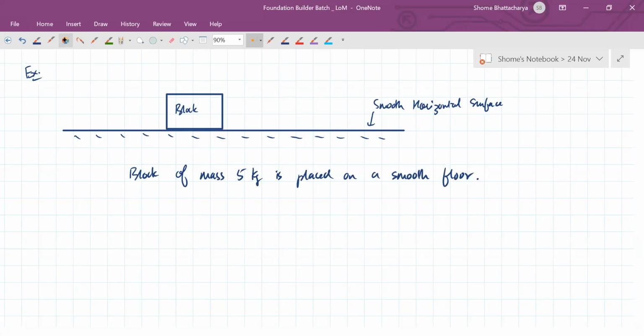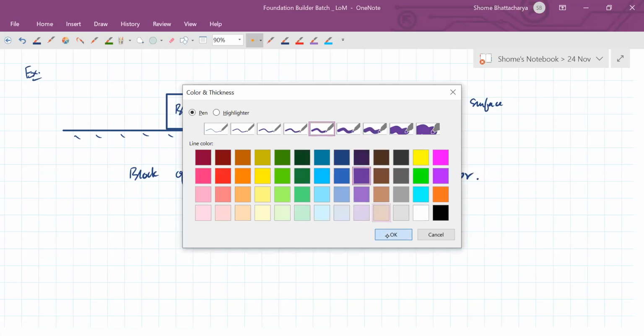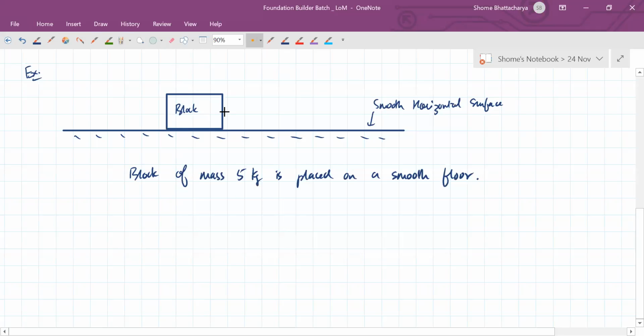Now, in addition to that, we are applying an external force like this.